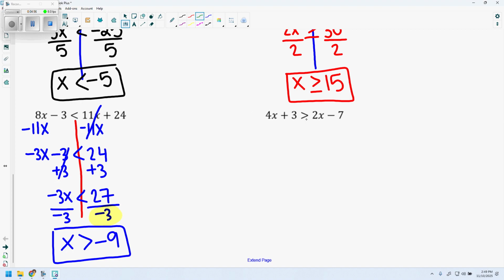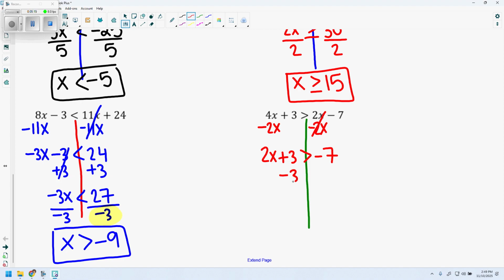Okay, on this one I'm going to subtract the 2x first because the opposite of positive 2x is negative 2x, from the 4x because they're like terms. So 4x minus 2x, that's 2x, that one canceled, plus 3 is greater than negative 7.